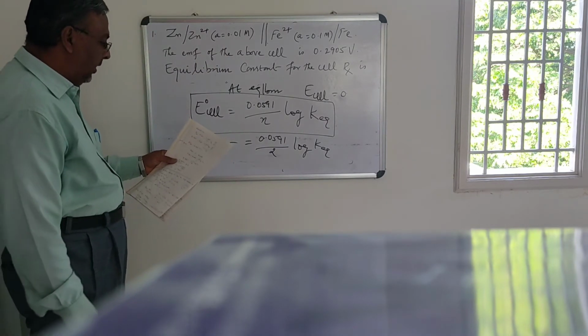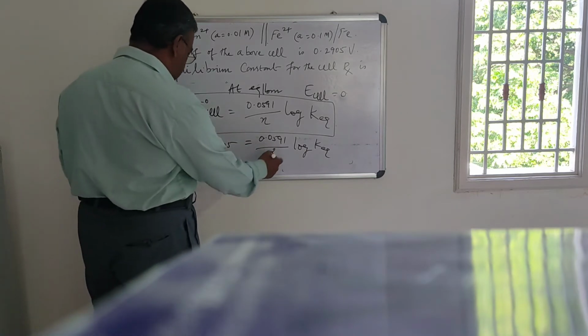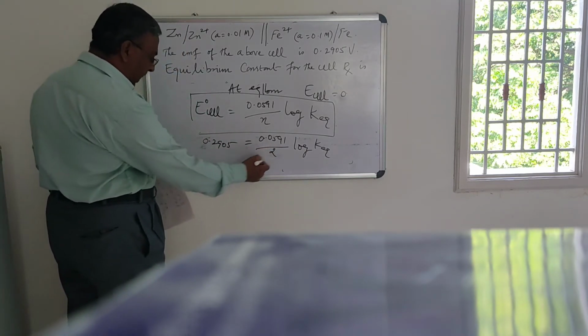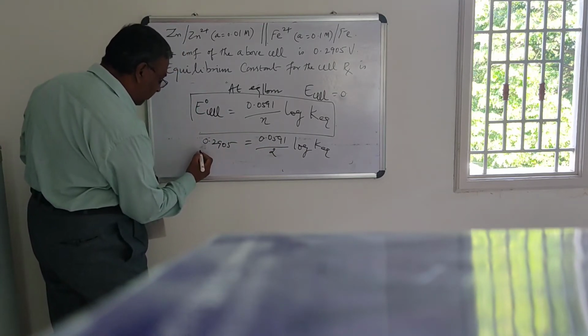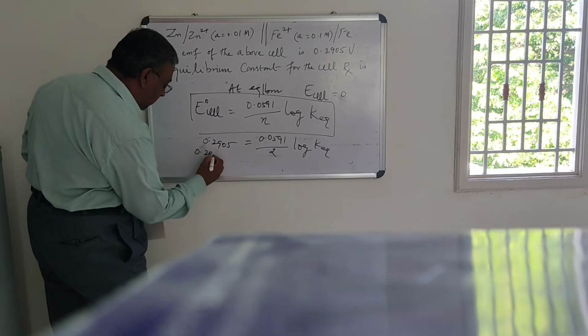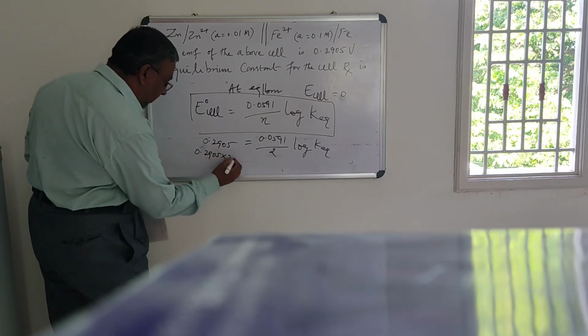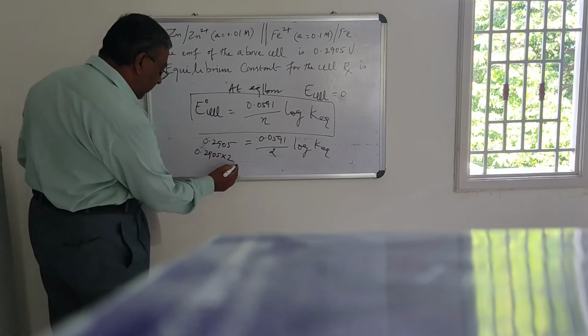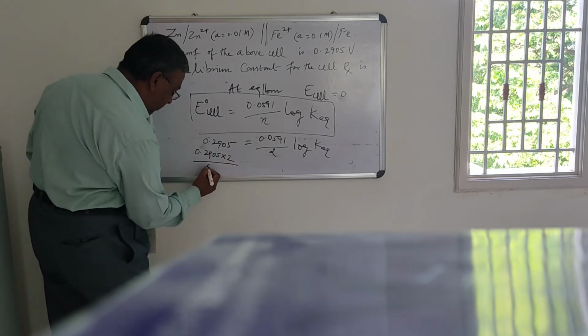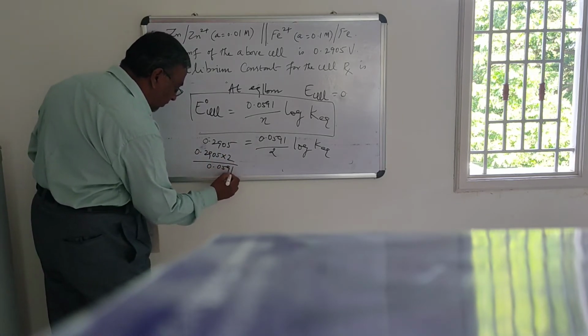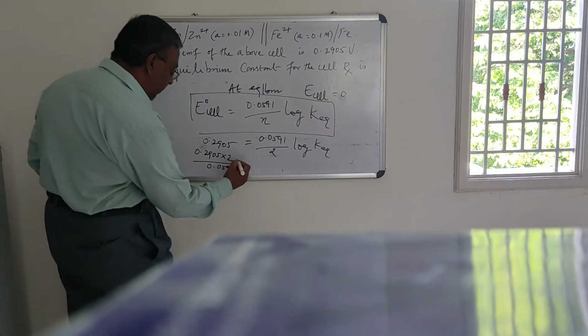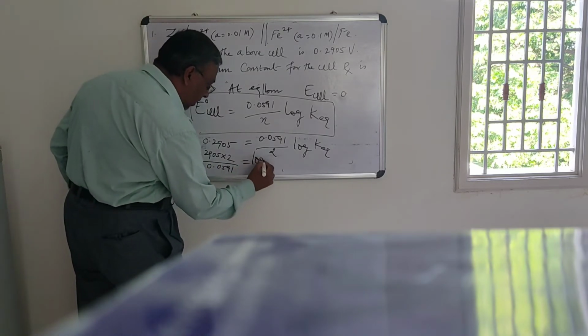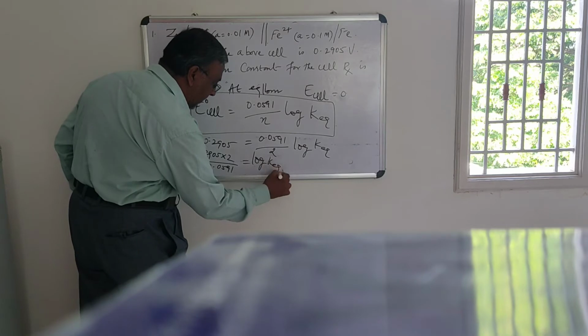Then now I am multiplying and solving this problem. 0.2905 into 2 divided by 0.0591 is equal to log of K equilibrium.